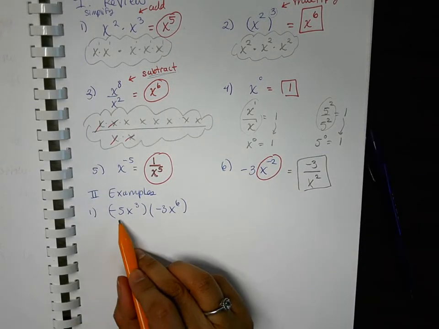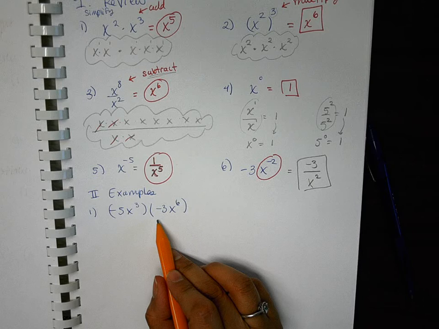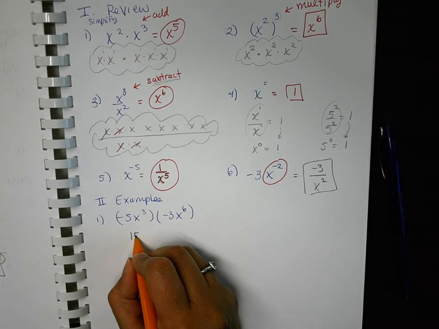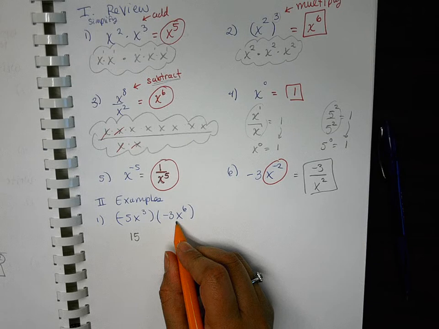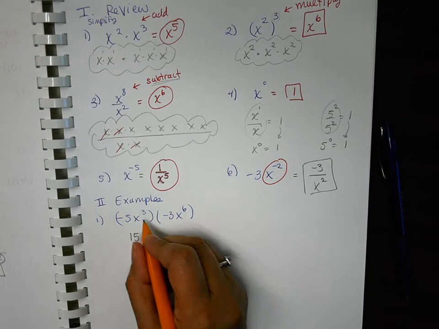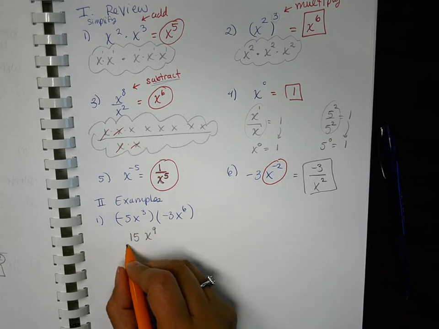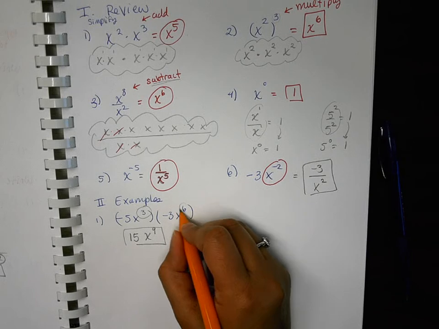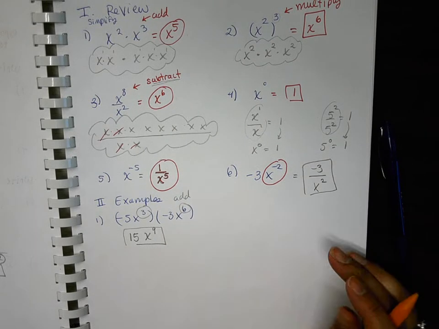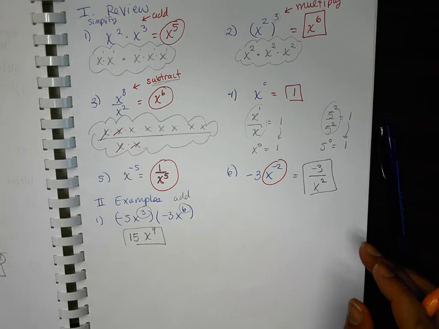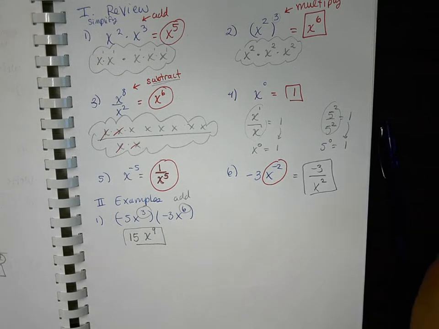So the coefficients, what's negative 5 times negative 3? Positive 15. x3 and x6 give me x to the what? 18. X to the 9, because we do what to the exponents? Yeah. Add them. All right, when is it that we multiply? When it's a power to a power, parentheses, exponent, exponent.